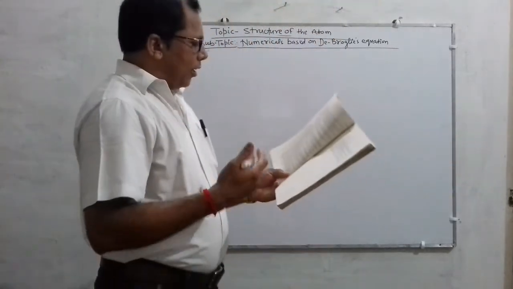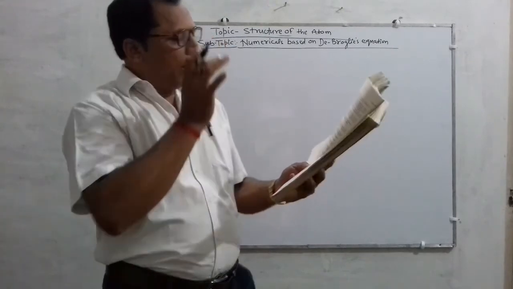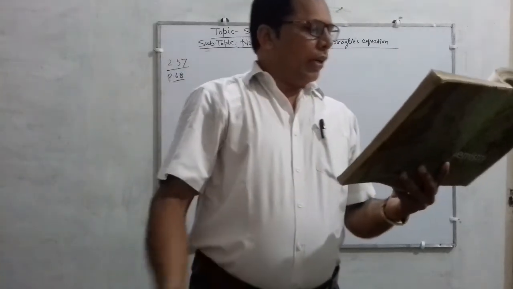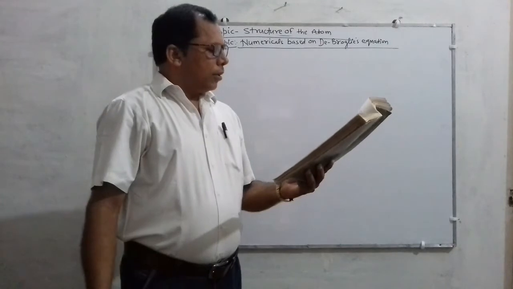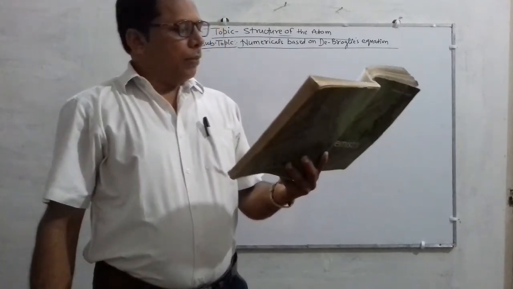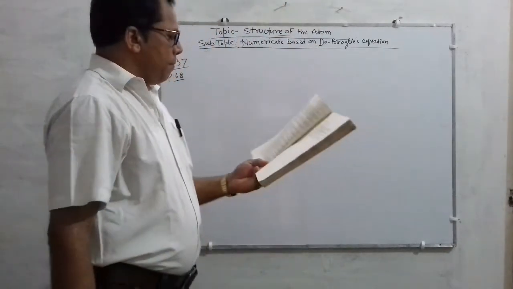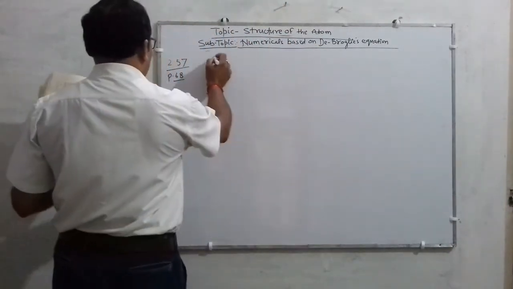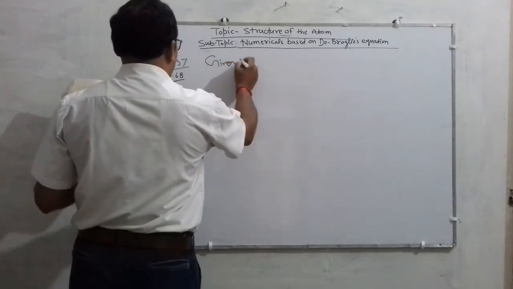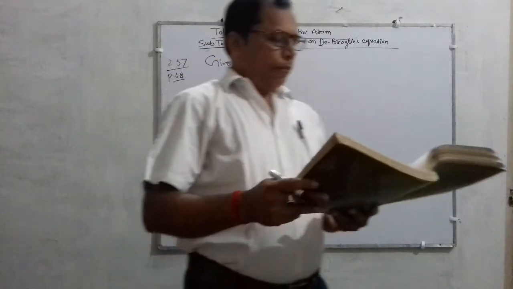Its solution is very simple, and the question is on dual behavior of matter proposed by de Broglie. The electron is this one. So if the velocity of the electron in the microscope is 1.6, calculate the de Broglie wavelength. Okay, so given that, children, you have to solve.